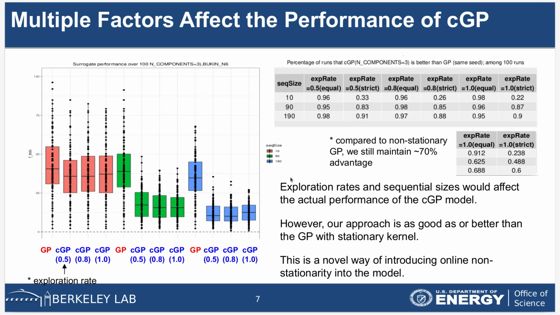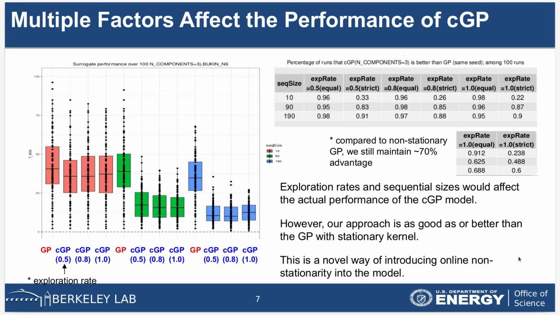There are obviously a lot of model parameters like exploration rate and also the sequential sample size of the optimization that will affect the performance. But from these quantitative and qualitative results, we can see that the outperformance of the CGP model is pretty consistent, and our approach is usually as good as or better than the GP with stationary kernel.